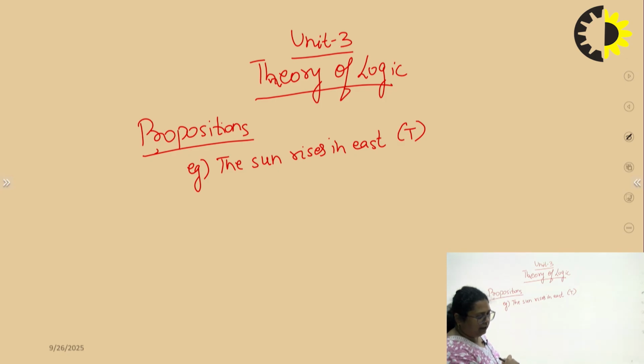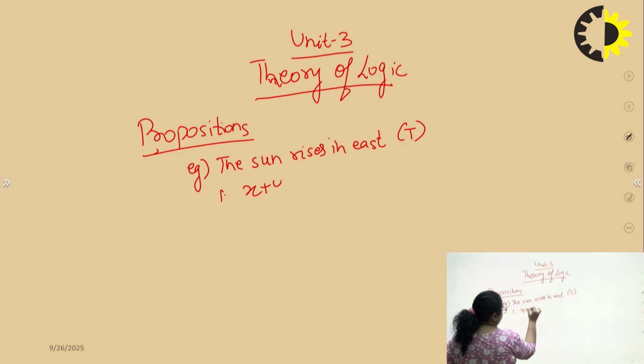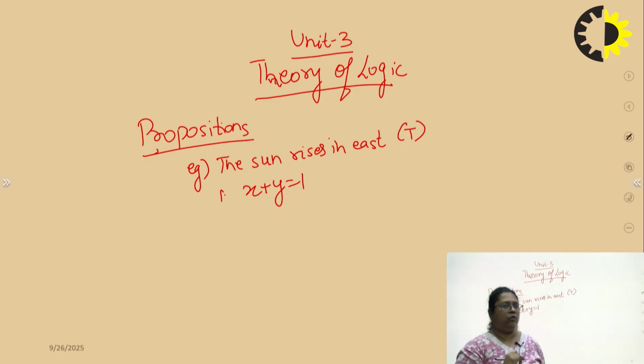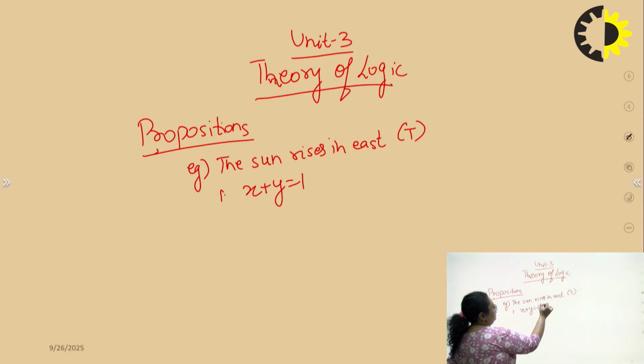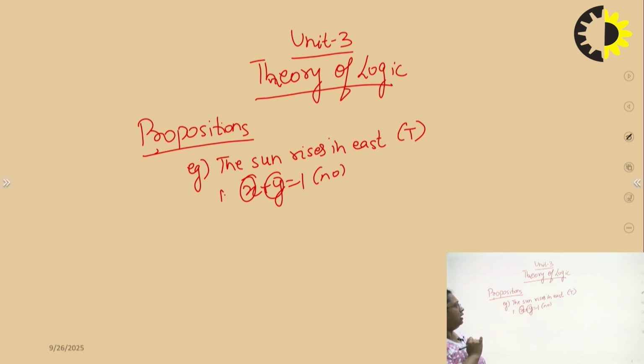Like, take another example. x plus y is equal to 1. Will it be a proposition? No. It is not a proposition because it depends upon the values of x and y, so we are not getting a result that is either true or false.